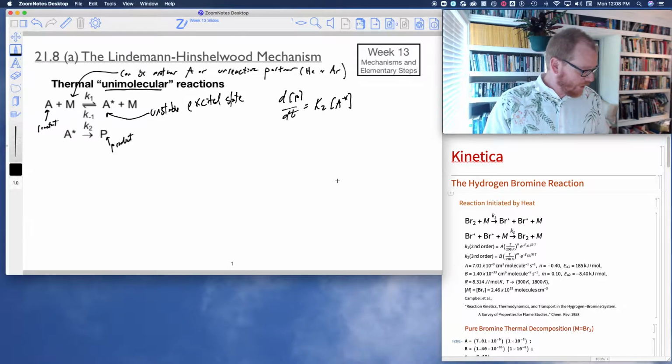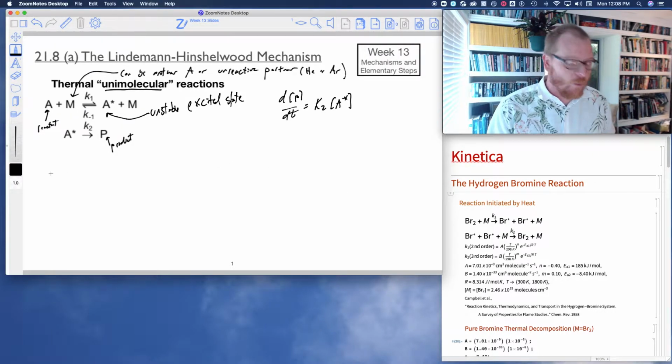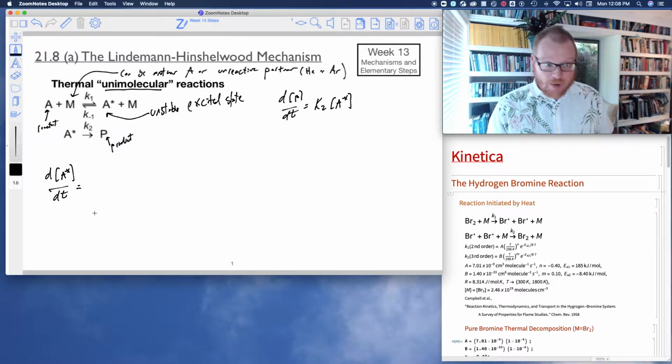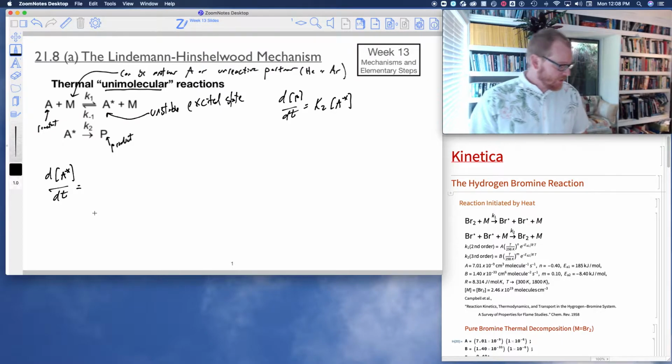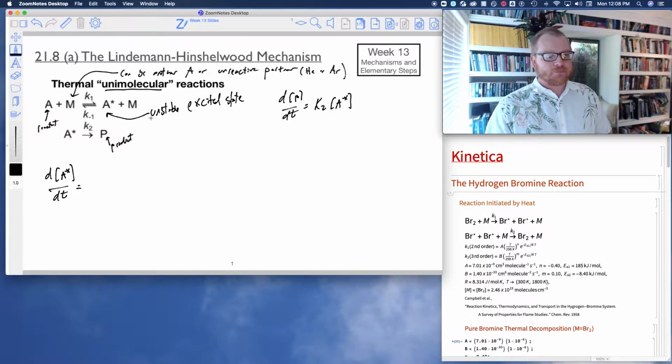If we apply the steady state approximation, I'm going to write d[A star]/dt, and let's go through these reactions. We recognize that A star appears as a product in this first reaction, so that's going to be a positive k1 times A times M. We recognize k1 will be a second order rate constant.